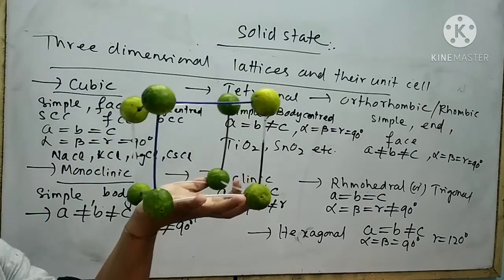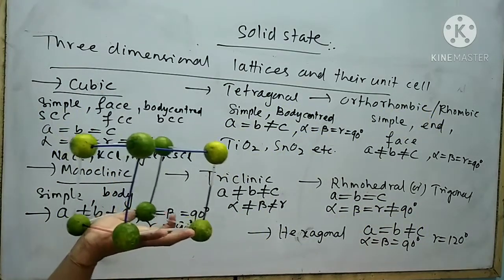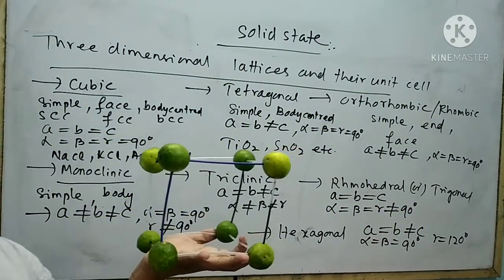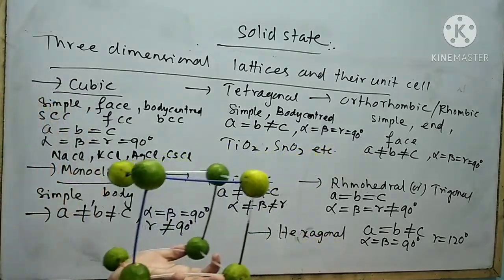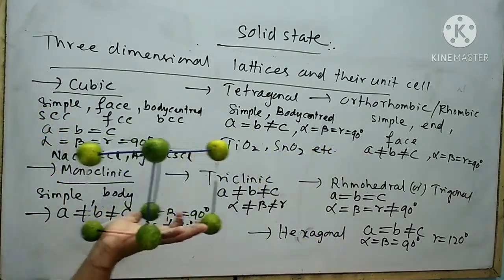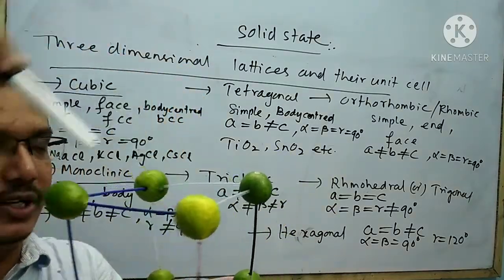Simple means only the constituent particle present at the corner. Face means extra constituent particles present at the 6 faces of the cube. Body means one constituent particle present at the center of the body.